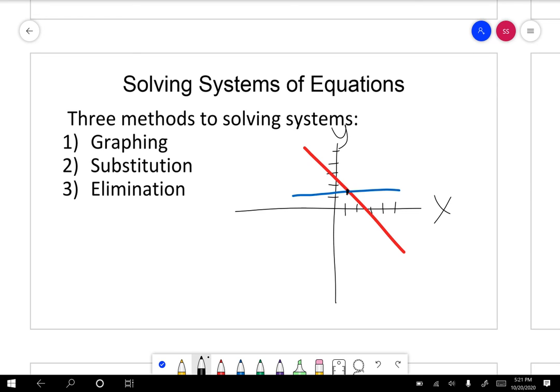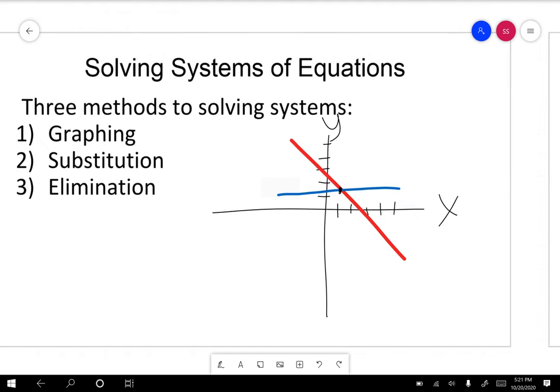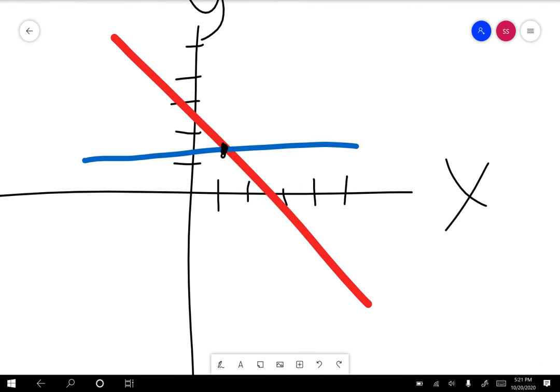But looking at the graph, let me zoom in a little so we can see this up close. Looking at the graph, it's very hard to tell exactly what this number would be on our x-axis. And it's also difficult to tell what this number would be on our y-axis, right? We could estimate and maybe just round it to this line and this line, okay?